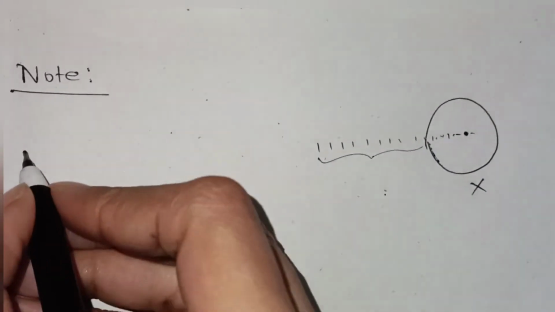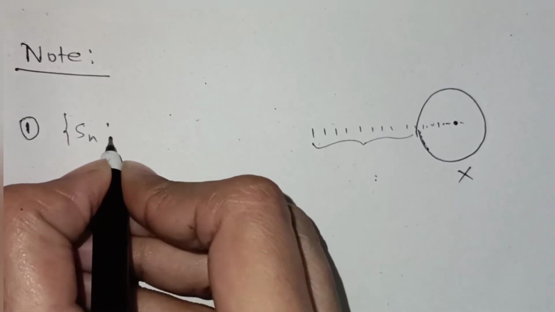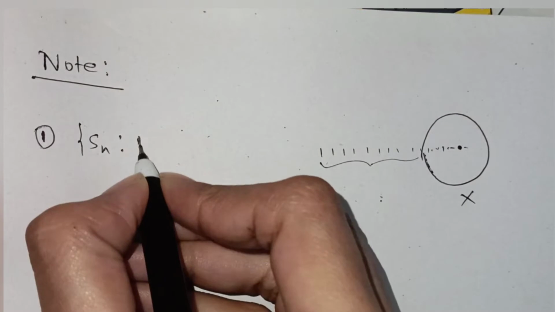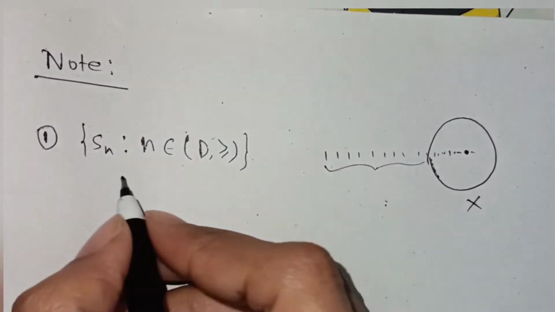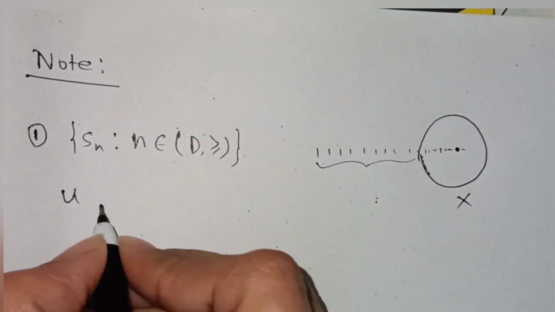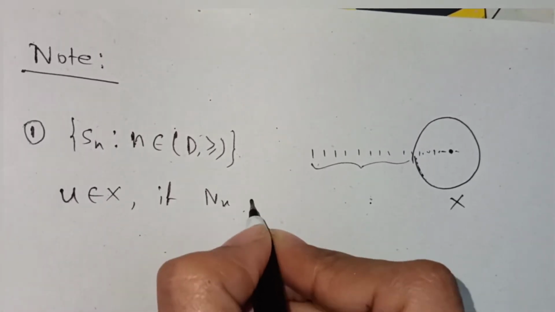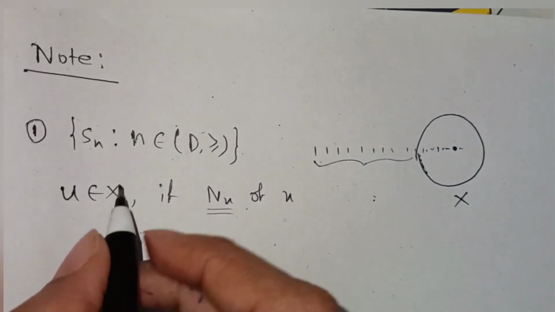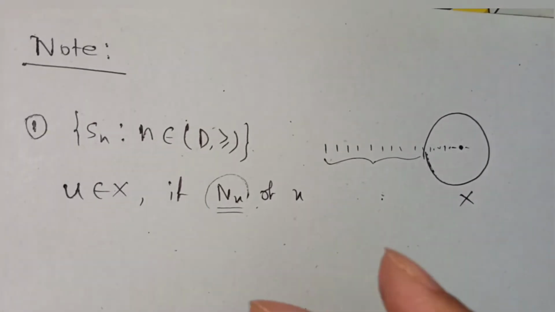Now take this as a note. Let this be a net where n belongs to D and this relation. This net is said to be convergent to a point u belonging to X if for every neighborhood N of u, this net is eventually in the set N for every neighborhood.